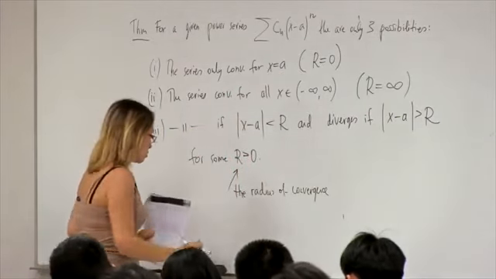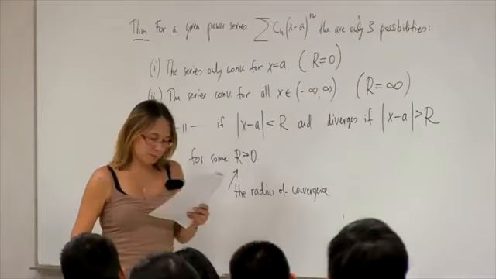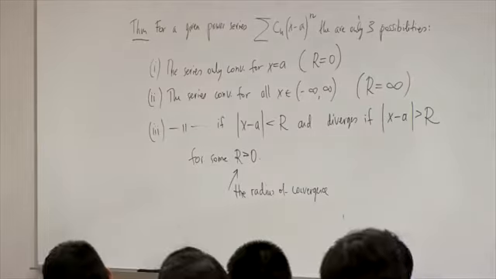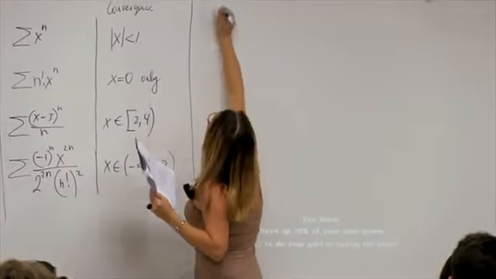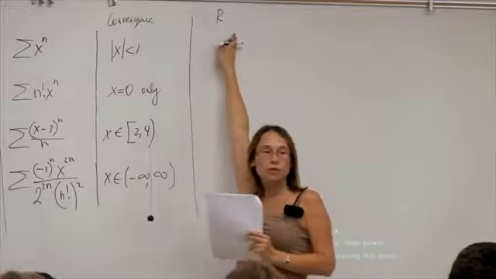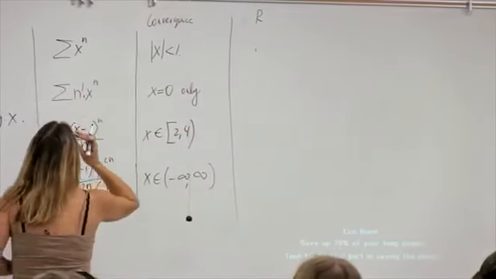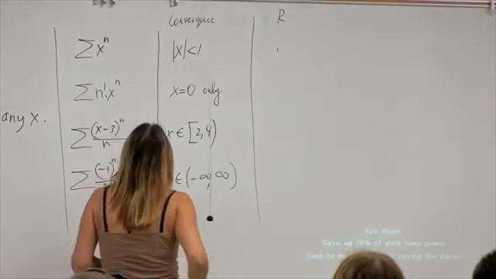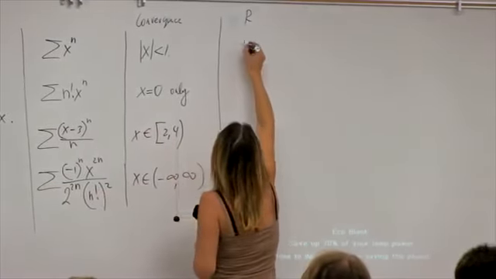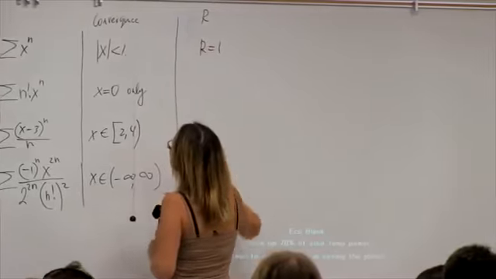So let us look at our examples that we already covered. Here we can write the value of the radius of convergence. For the first one, the geometric series, the radius of convergence is 1.